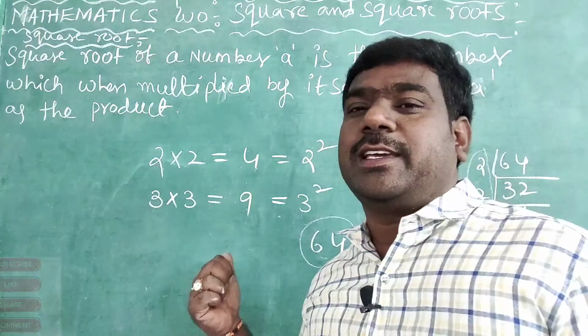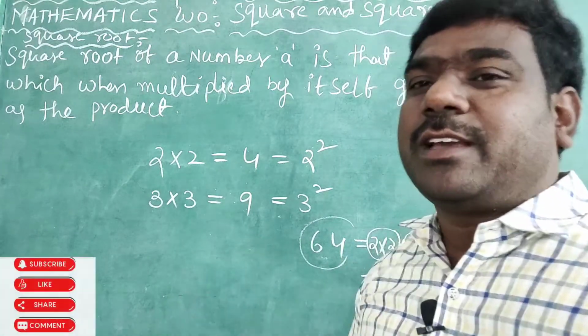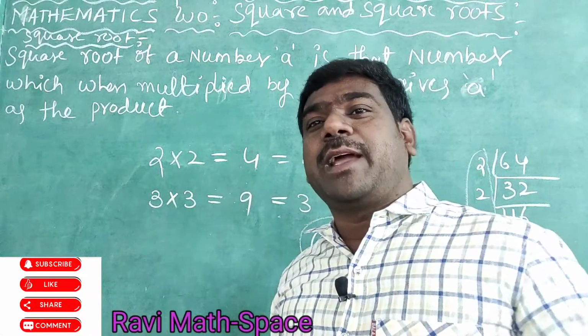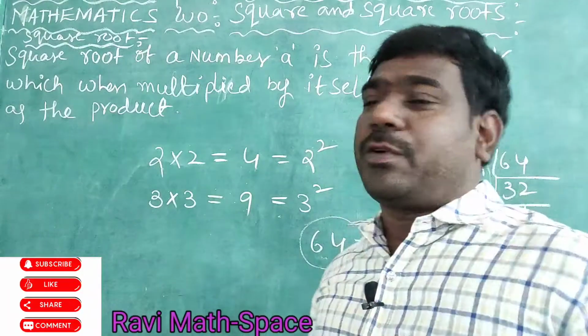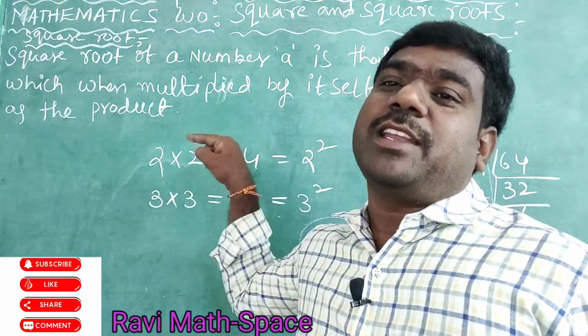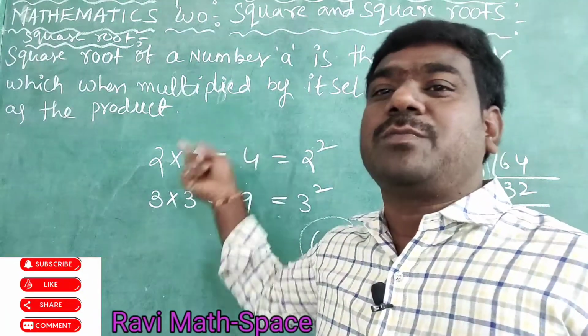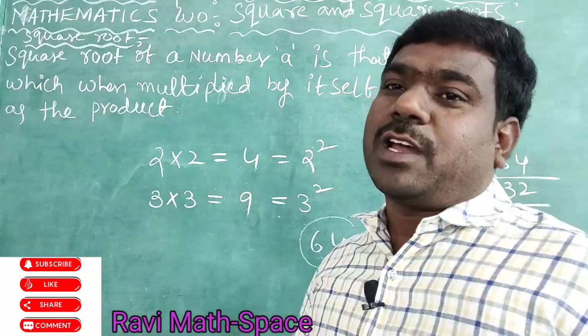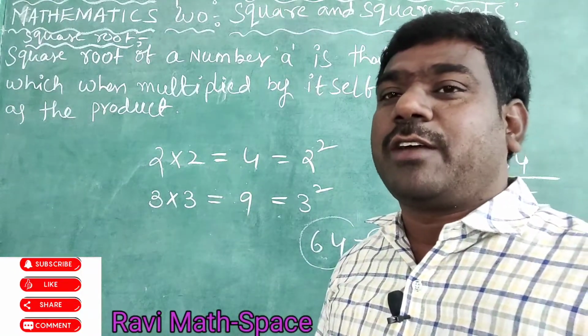What is the meaning of this? Very simple: the number which we multiply by itself to get a product is called the square root of that product.